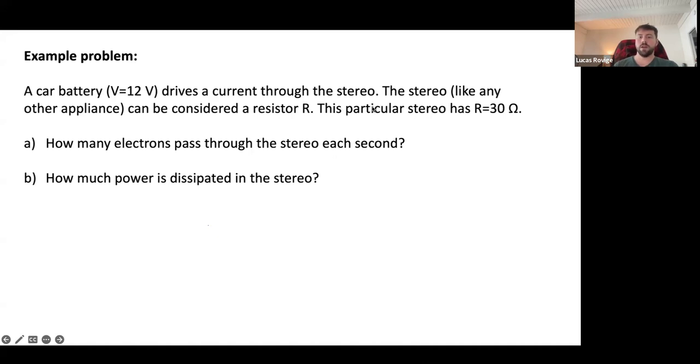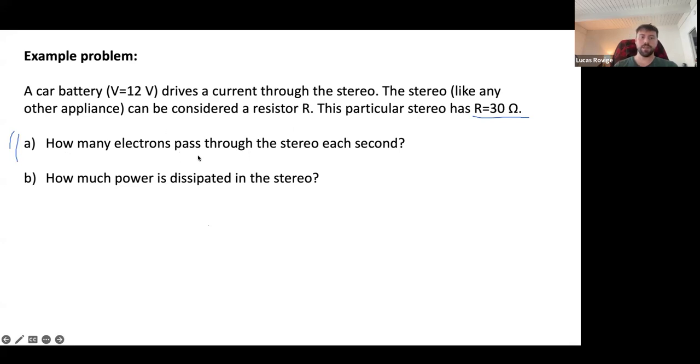So, forgetting about the fancy stuff the radio and stereo system is doing, from an electrical point of view, just consider it as a resistor. And this resistor has a resistance of 30 ohms. So first we can wonder how many electrons pass through the stereo each second, and how much power is dissipated in that stereo.